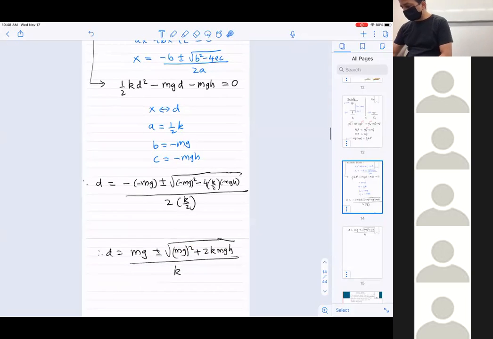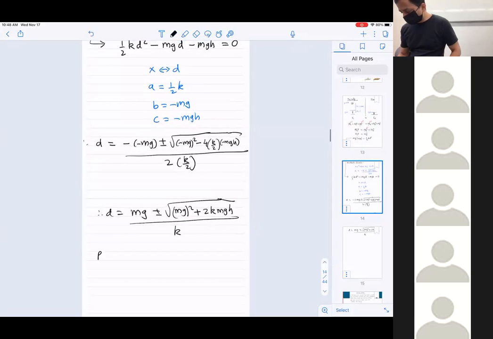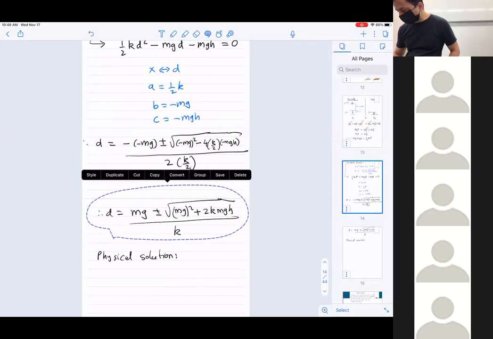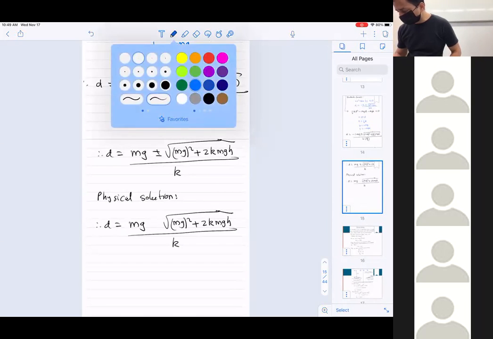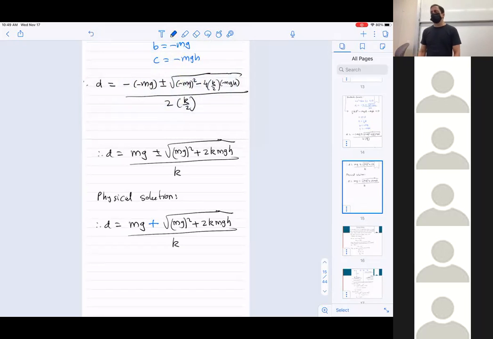So the physical solution is just with the plus sign.